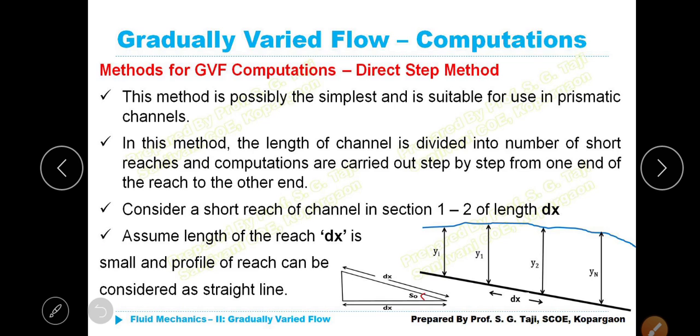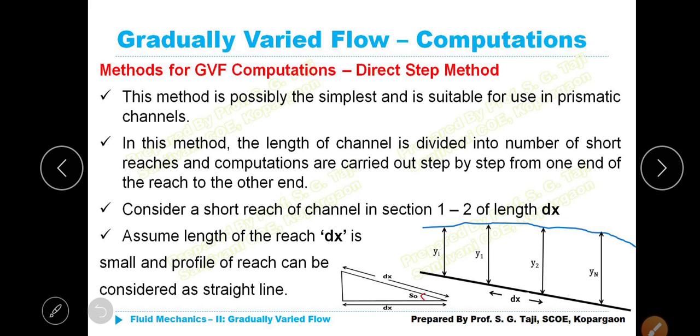Direct step method. Now, this is the one which is being used as per the syllabus to find out the total length of occurrence of any surface water profile so as to monitor various practical applications.